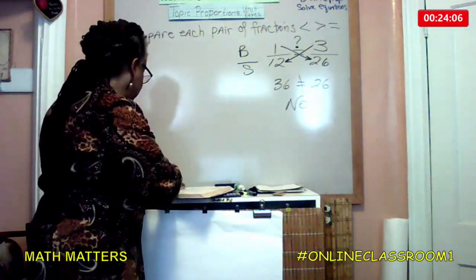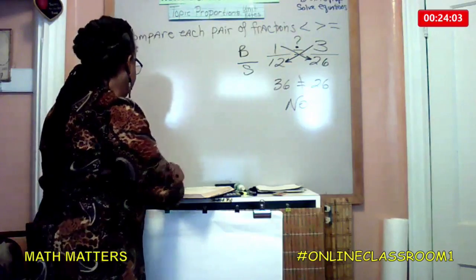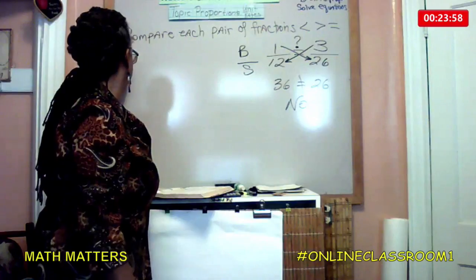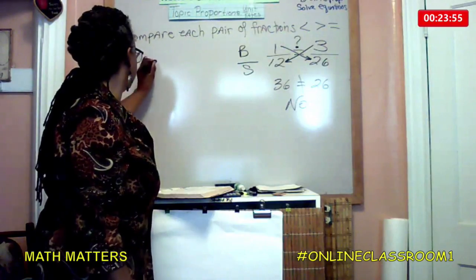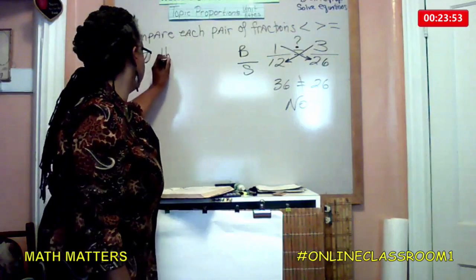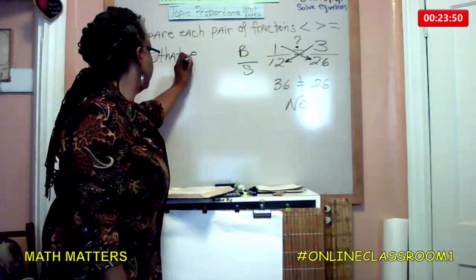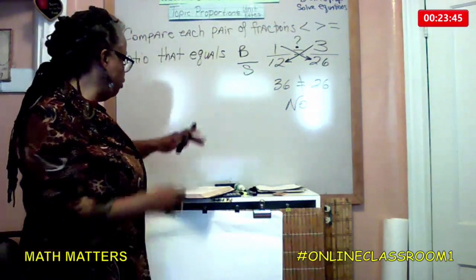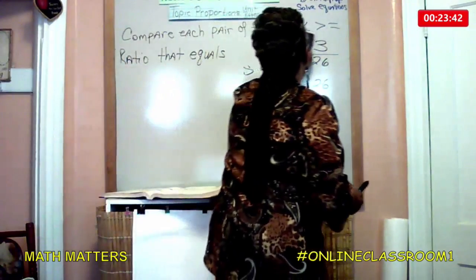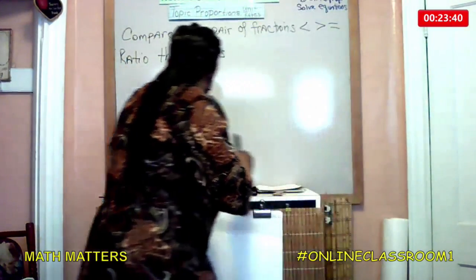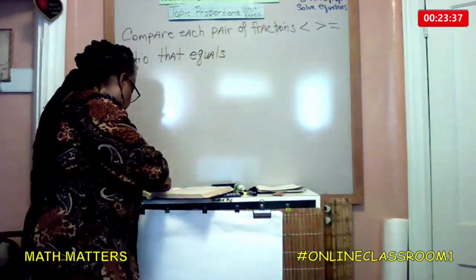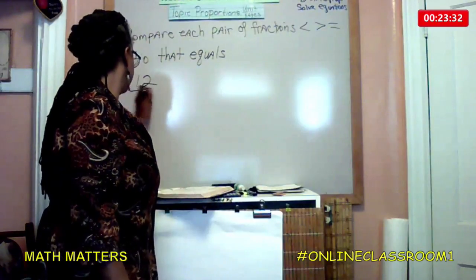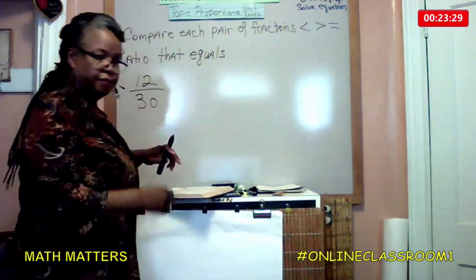I want to write a ratio that is equivalent to 12 over 30.